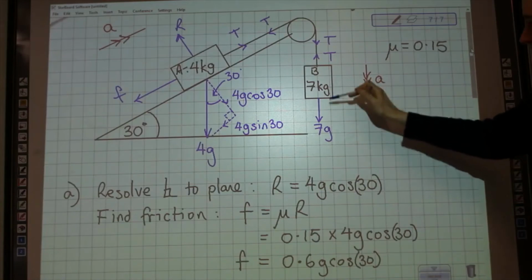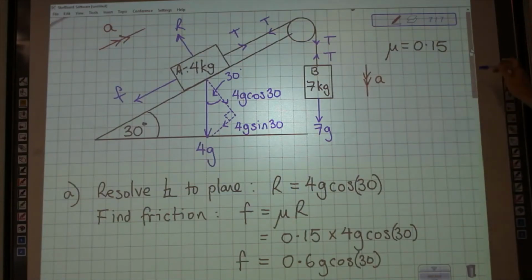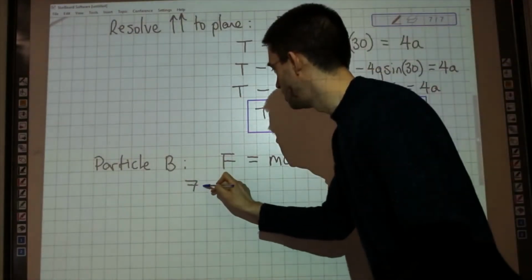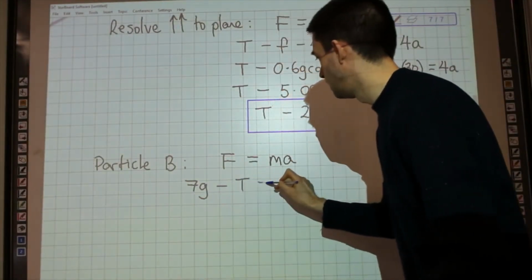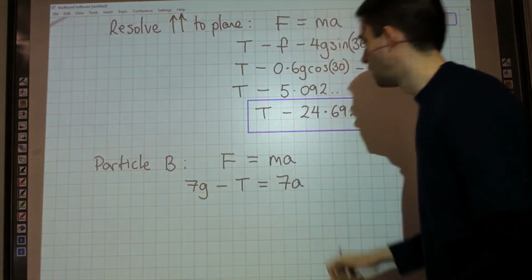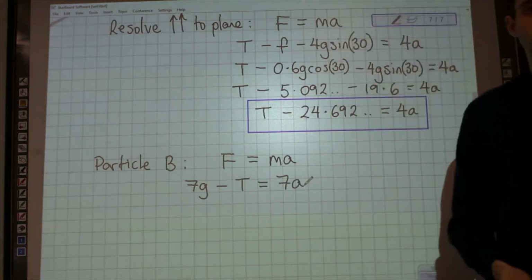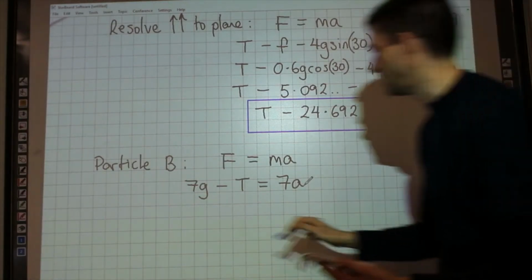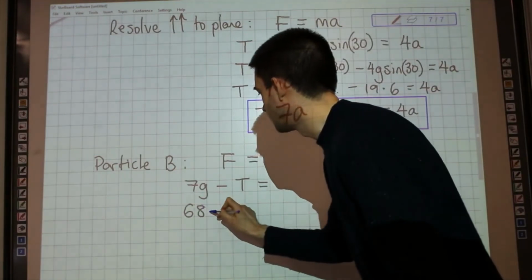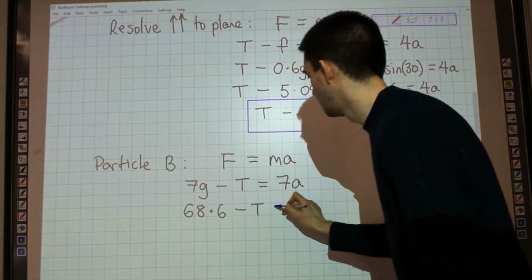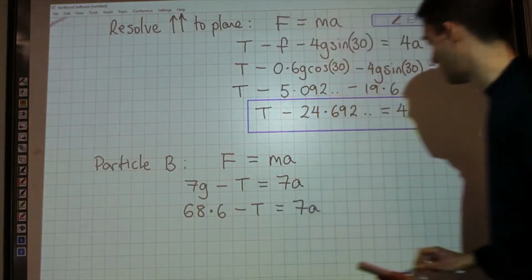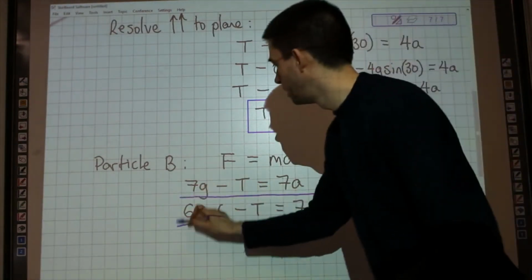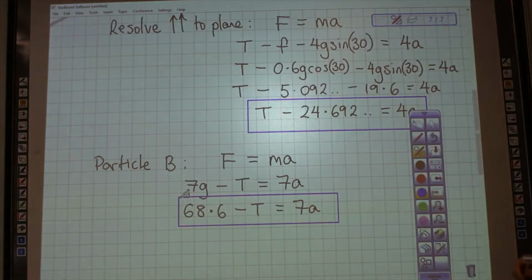So I have 7g acting down, T acting up, so that is the only two forces. So I have 7g minus T equals 7a, which is the mass of particle B. So 7g, 7 times 9.8 is 68.6, minus T equals 7a, and I'll draw a big blue box around that because that is my second equation.